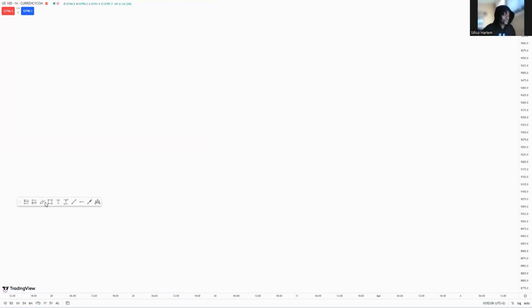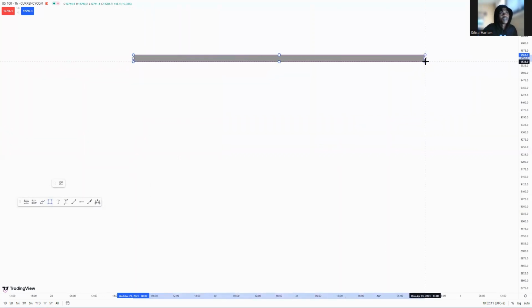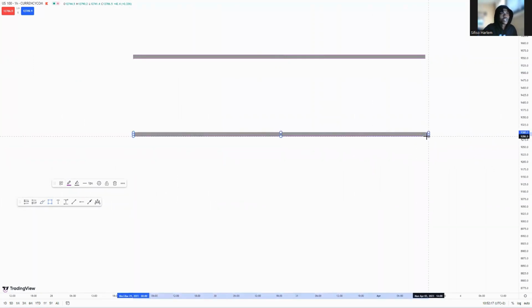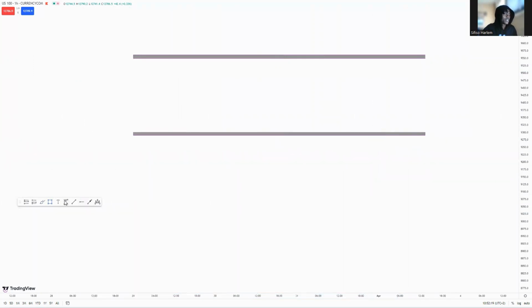Now I want y'all to learn something. Let's just say we're having some sort of resistance and some sort of support. I want to break down the break and retest one.